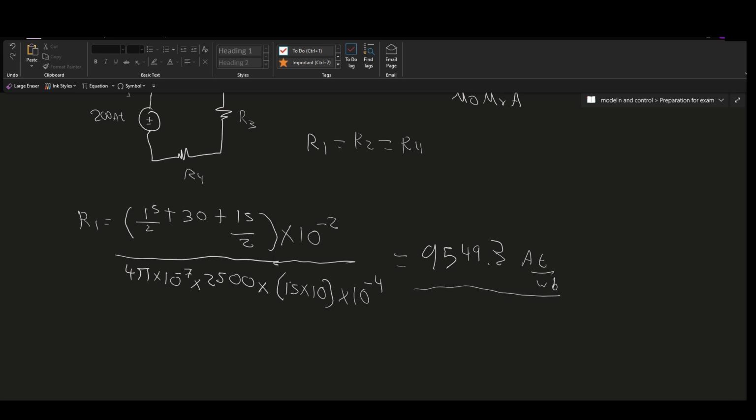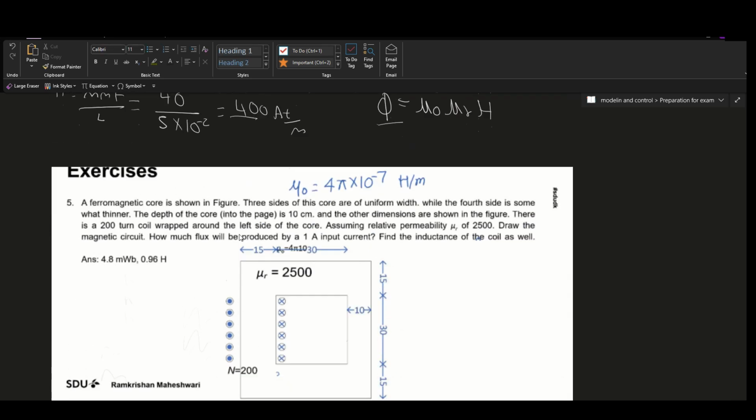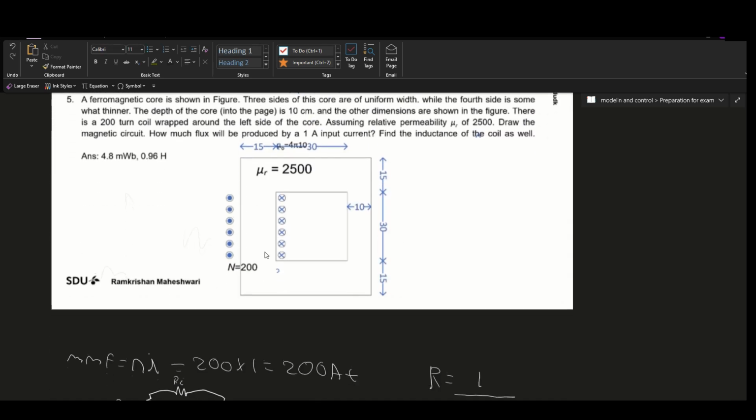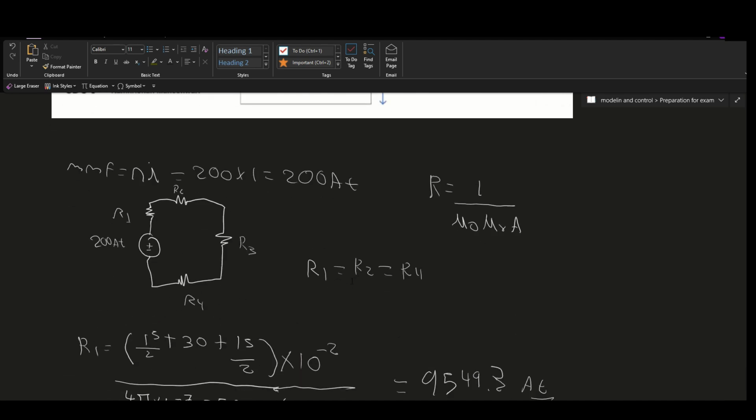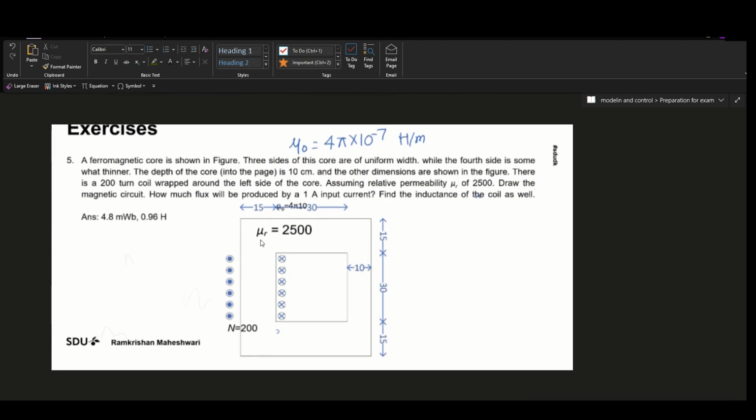So this is the reluctance for this side, and if we think about it, R1, R2, R4 are equal, because when the flux travels, it will go half 15, then 30, and again half 15 here.